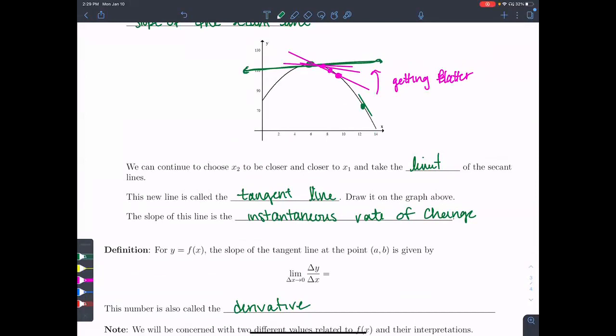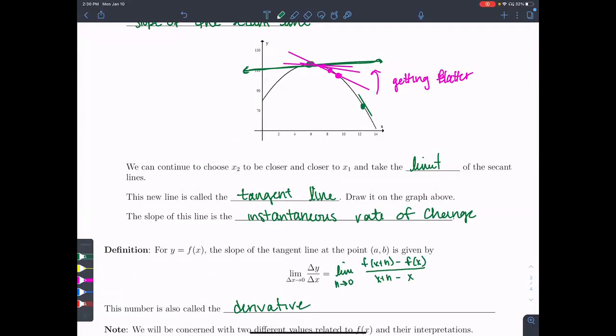This is equal to, in formal notation, the limit as h goes to 0 of f of x plus h minus f of x, so that's x2 and x1, over x plus h, that's x2, minus x, which is x1.